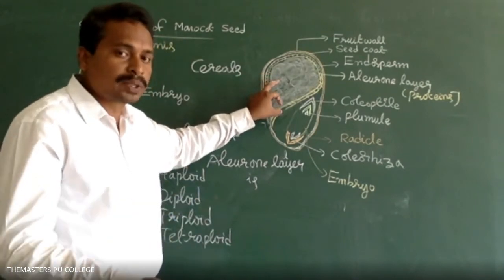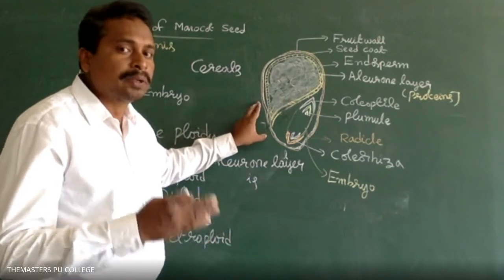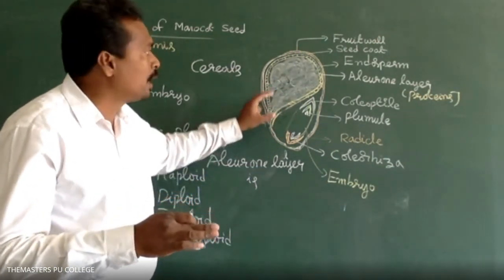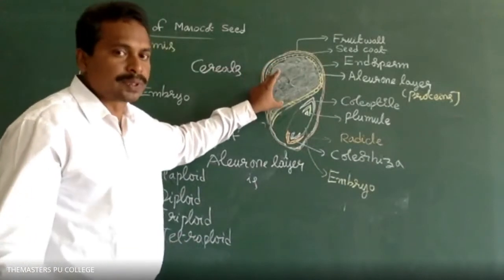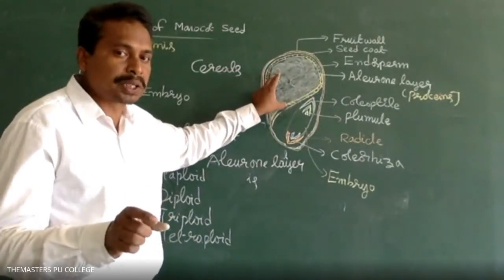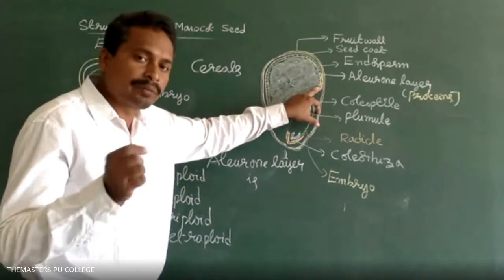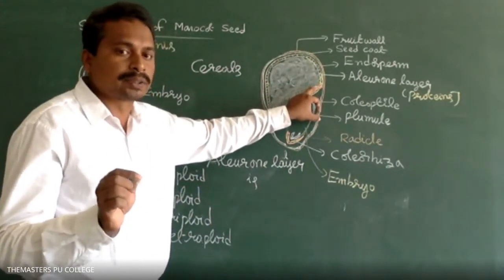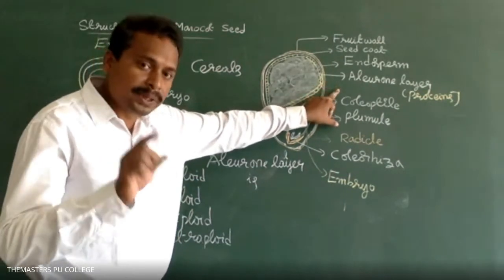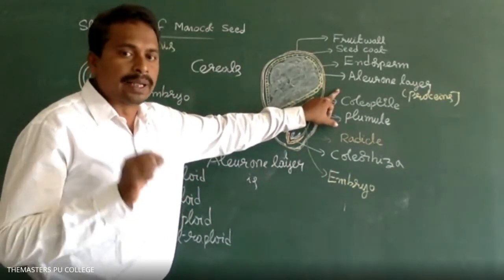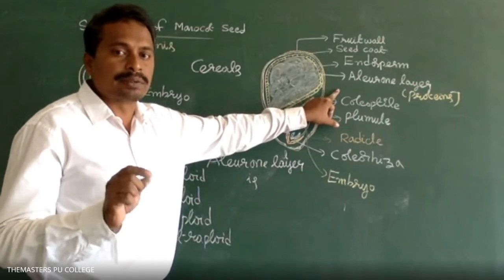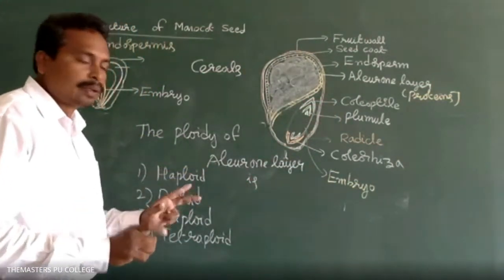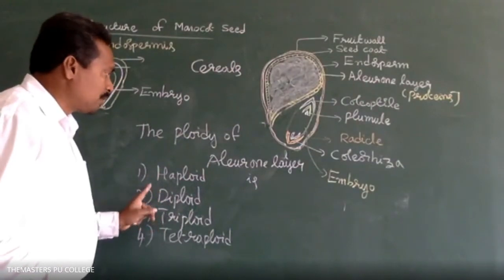After sexual reproduction, the ovule becomes the seed. The primary endosperm cell is involved in the formation of endosperm tissue. So endosperm is in a triploid condition. The aleurone layer is a part of the endosperm, so the aleurone layer is triploid. Regarding this, from an objective point of view, whether in KCET or NEET examination, they may ask the ploidy of the aleurone layer.